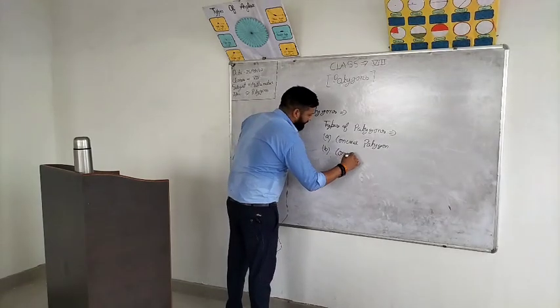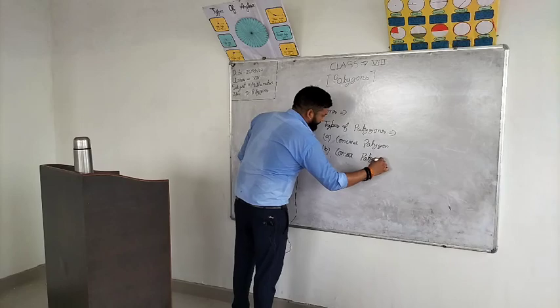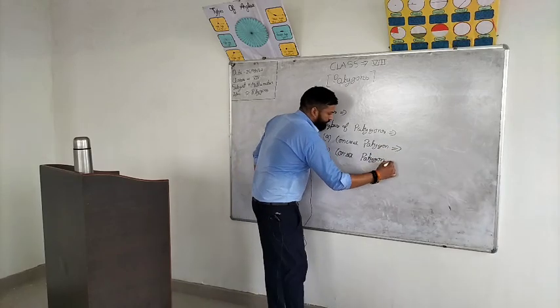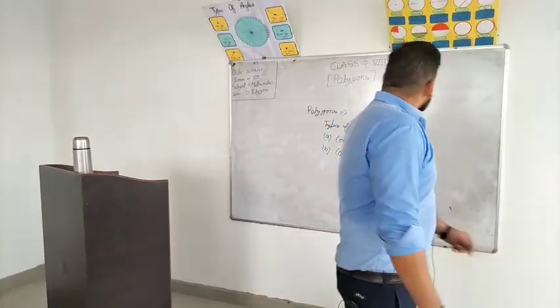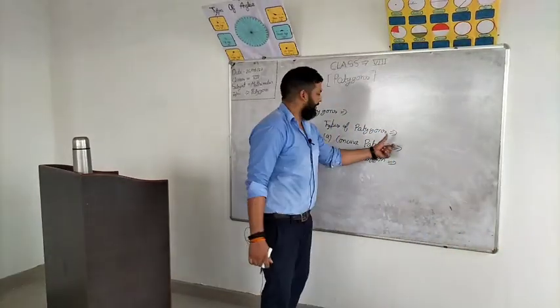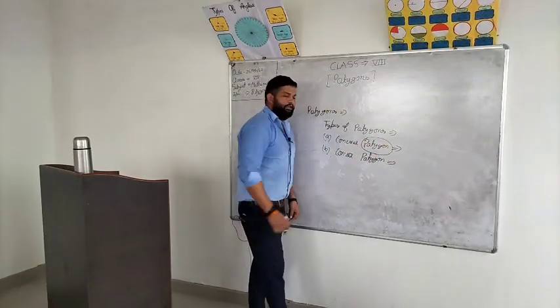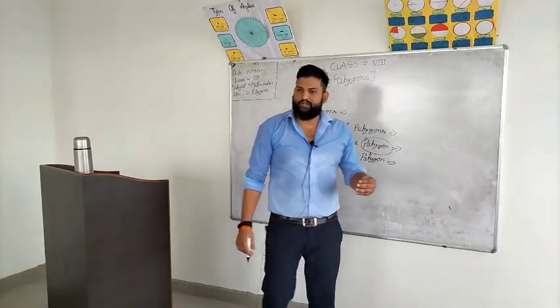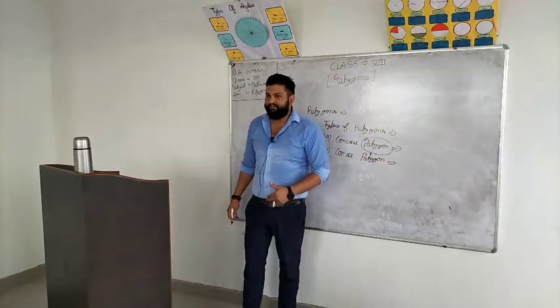Convex polygon. So what is the concave polygon and what is the convex polygon? In the word polygon, we can understand that definitely this figure is made by line segments.